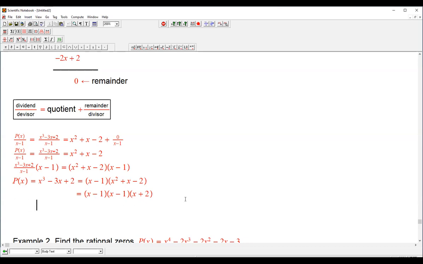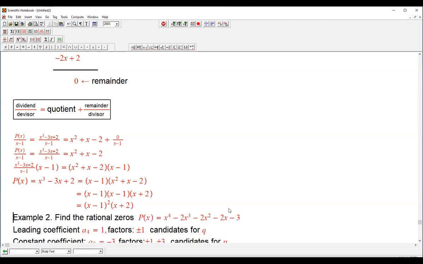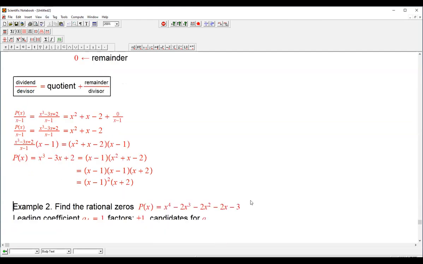So in the end, the factors are x minus 1, with multiplicity 2, and the factor x plus 2. We're finished.